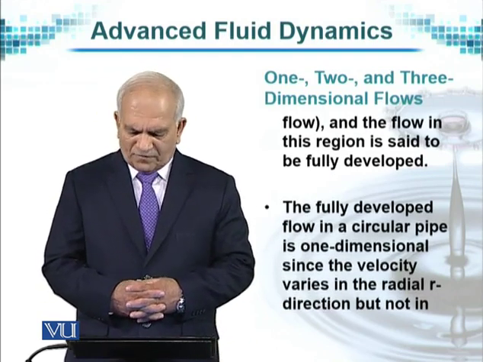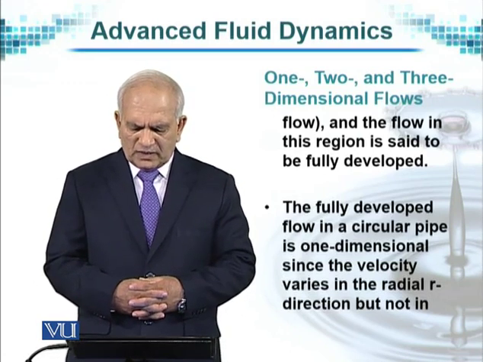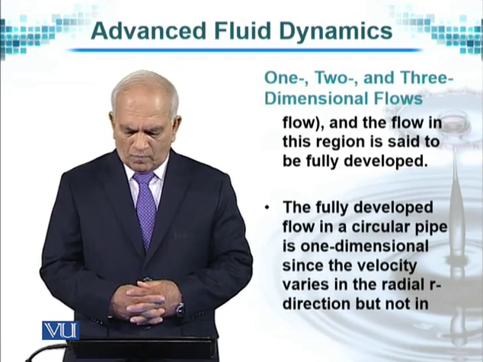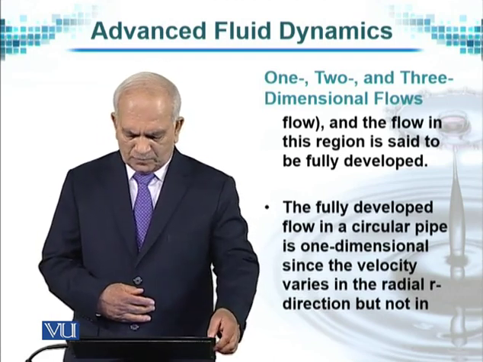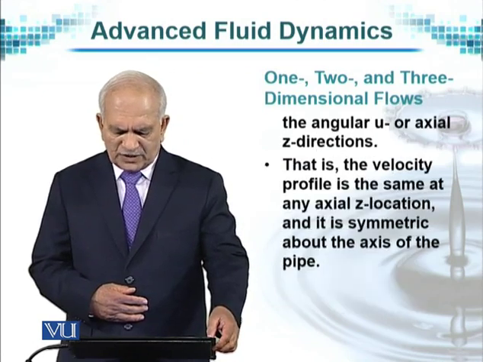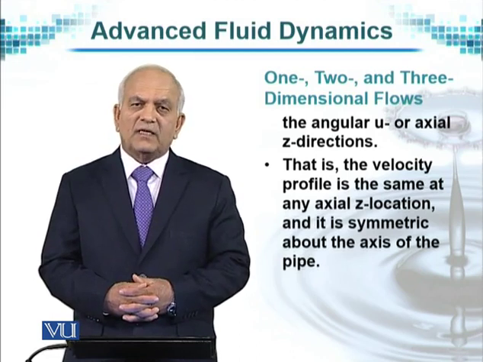The fully developed flow in a circular pipe is one-dimensional, since the velocity is now changing only with the radius r, and it doesn't change in the angular theta or axial z direction.